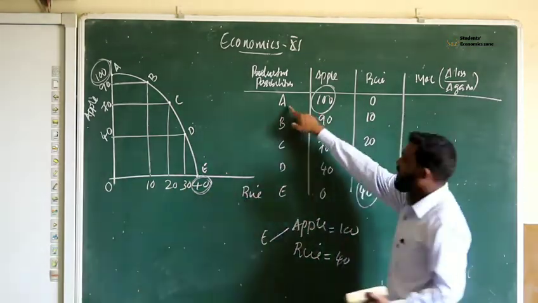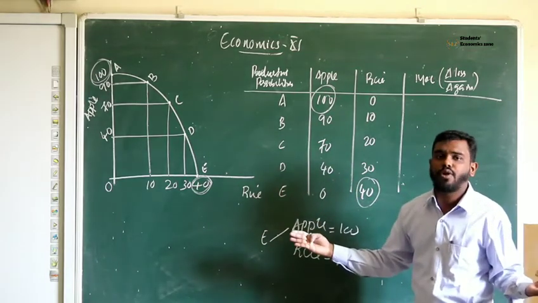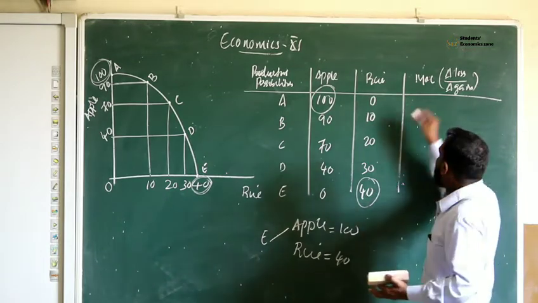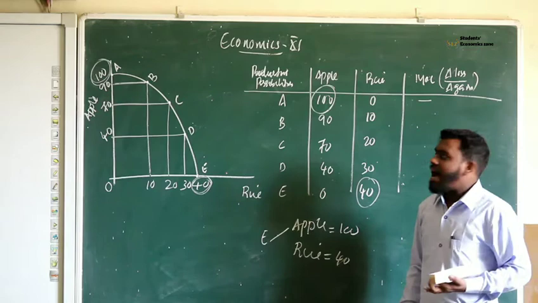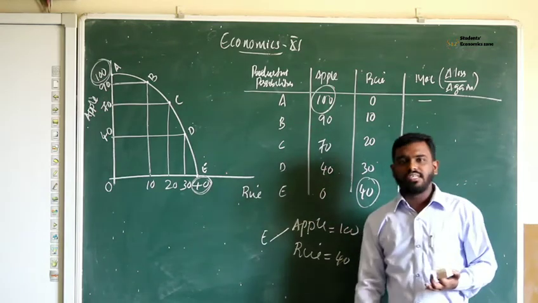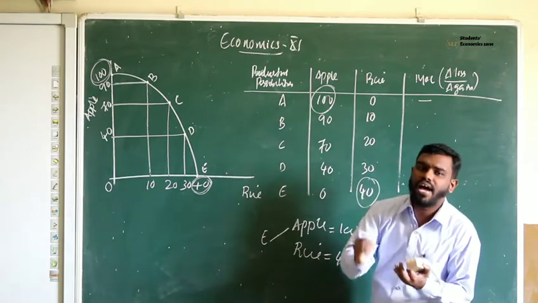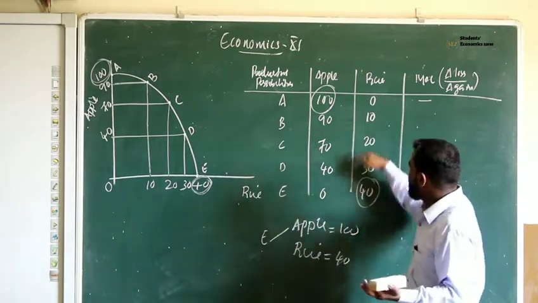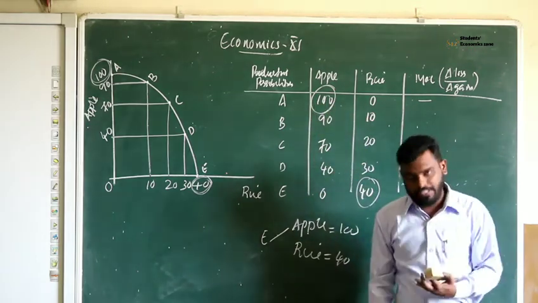So initially at point A, they are not transferring any resources for the production of rice. At that time there is no MOC. And from point B onwards, they are transferring some resources from the production of apple to the production of rice. As a result, rice is increasing and the production of apple goes on diminishing.